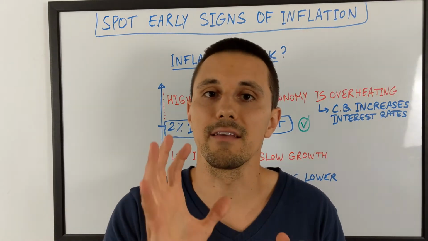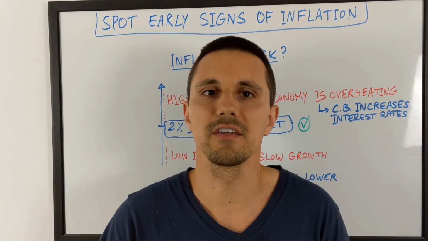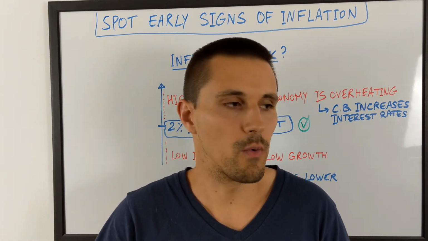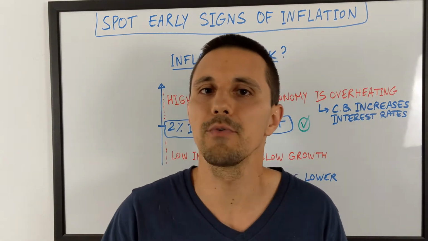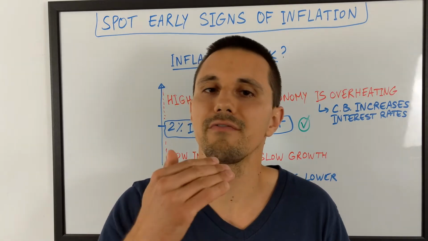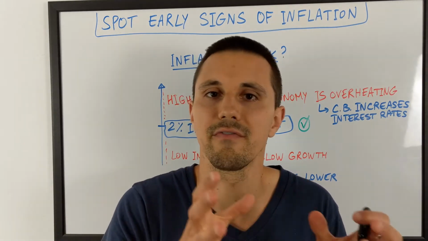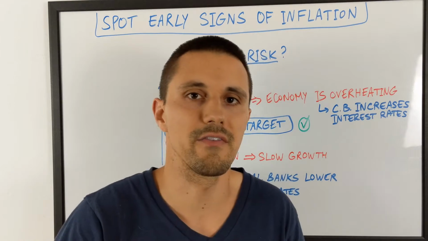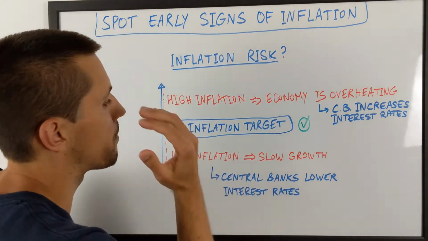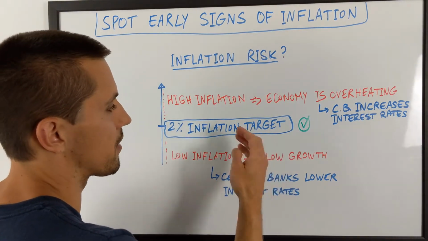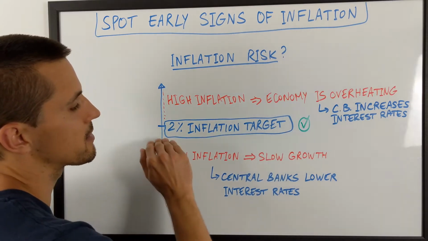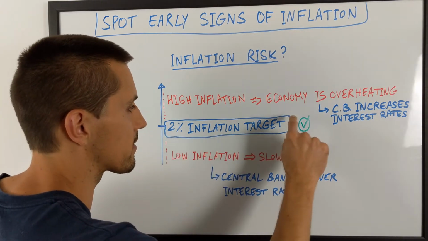Let's quickly talk about the inflation risk. Why does inflation even matter for our economies? Well, basically, when you look at the past 100 years, there is a lot of economic data, and the majority of economists agree that the perfect inflation rate for an advanced economy is about a 2% inflation target, okay?